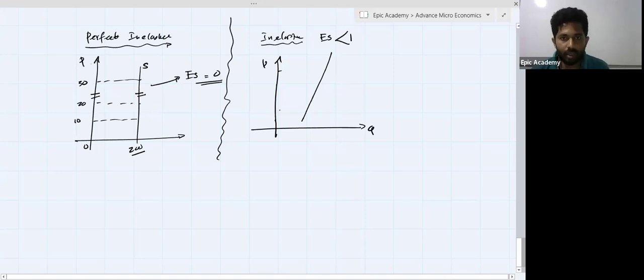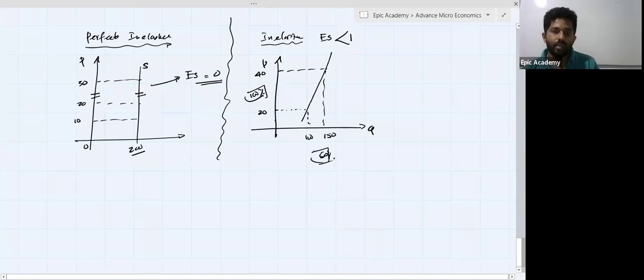Okay. Right. This is the price changing from 20 to 40. 20 to 40 means 100% change. But the quantity does not change by as much, something like 100 to 150. That means 50% change. Right. The quantity change takes a smaller value than the price change.